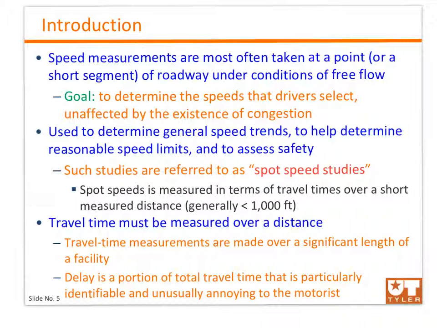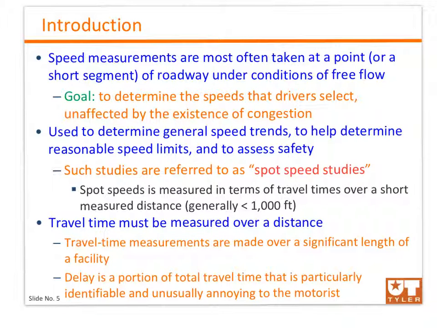When it comes to speed, measurements are often taken at a certain point or a very short segment of a roadway under conditions of free flow. The major goal to keep in mind while doing a speed study is that you need to determine the speed that drivers select, which is unaffected by the existence of any congestion.